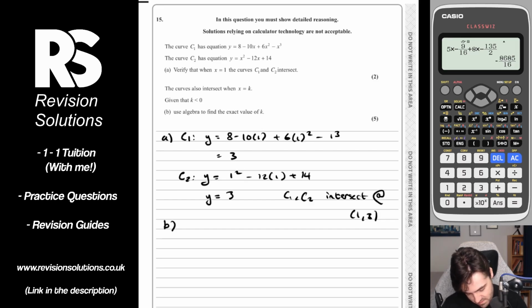So we'd have x squared minus 12x plus 14 must equal, let's just move that down a sec so I don't run out of space, would equal 8 minus 10x plus 6x squared minus x cubed.